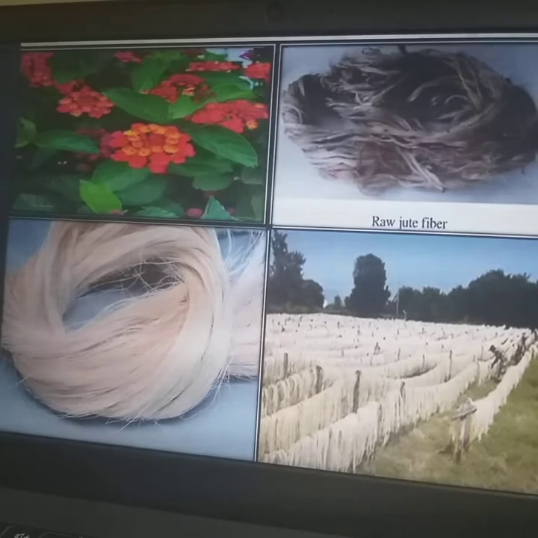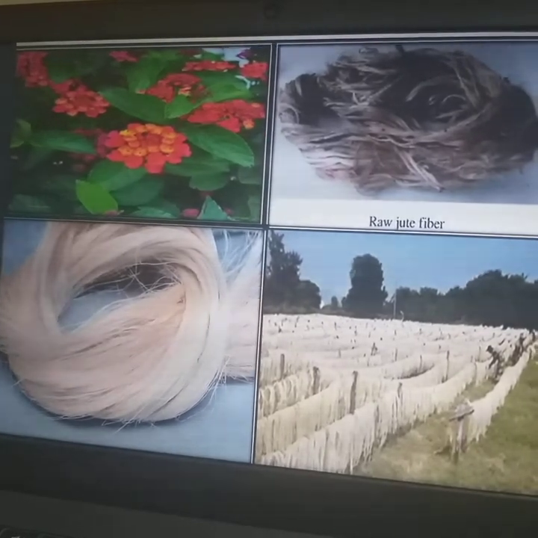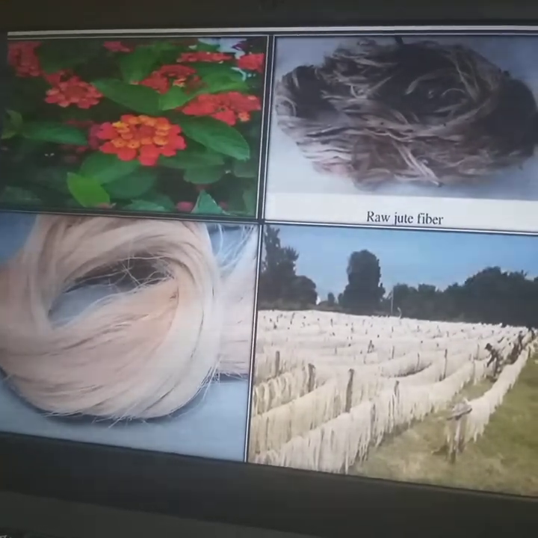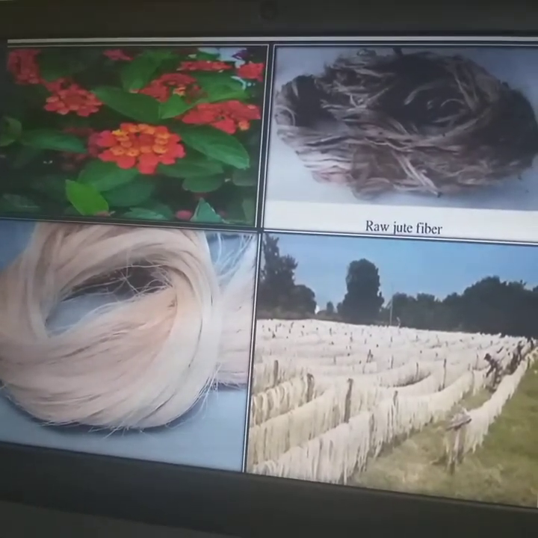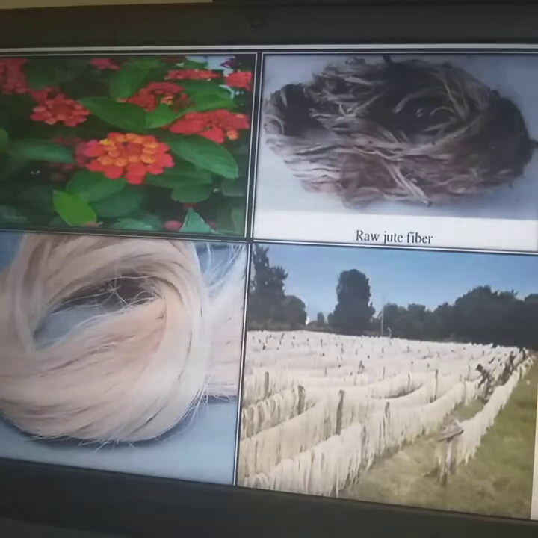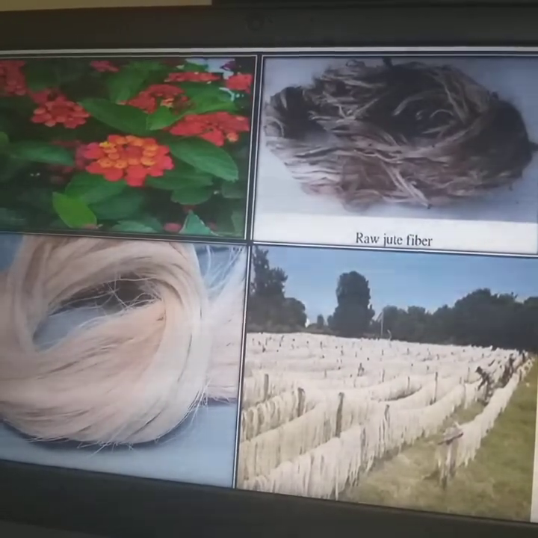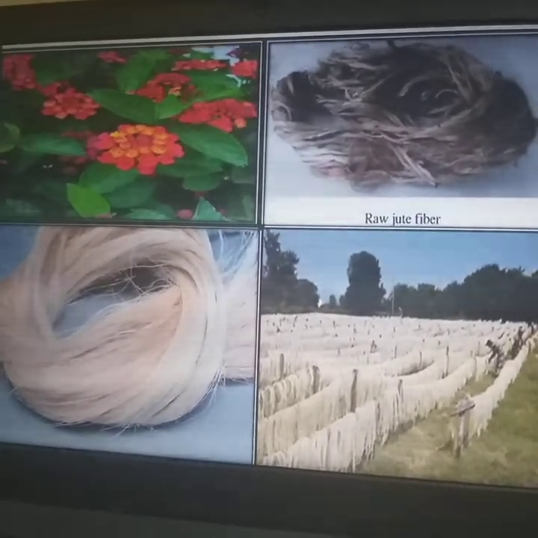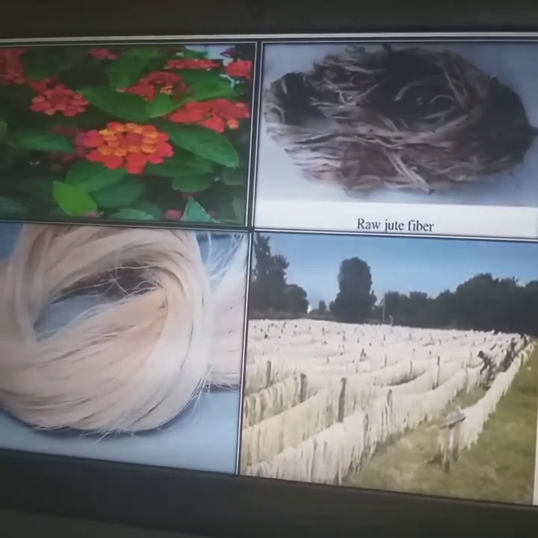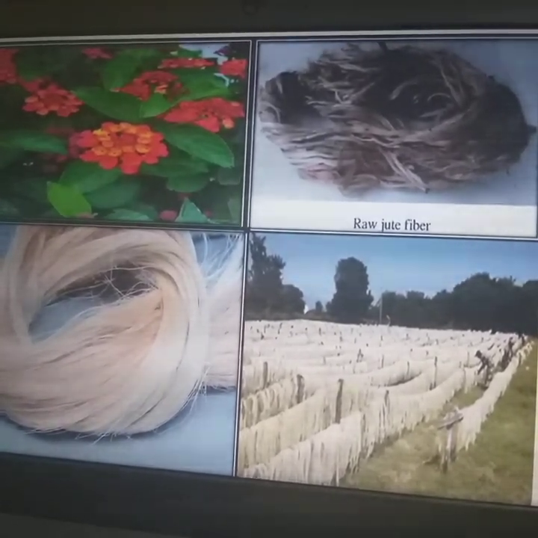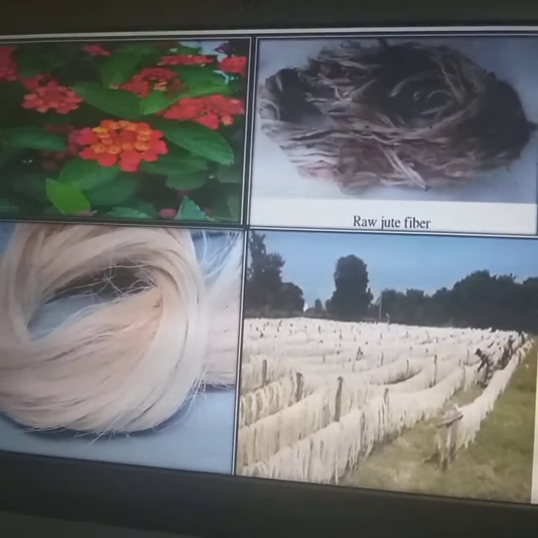Currently there are many technologies to manufacture carbon fibers. Only two methodologies I would like to explain here. One is PAN, which stands for polyacrylonitrile, and the second one is the rayon methodology, that is regenerated cellulose. These two are the important techniques used to manufacture carbon fibers.